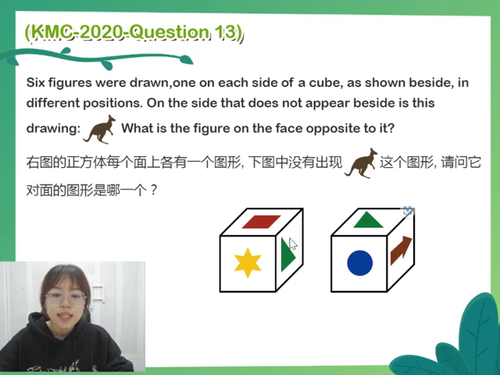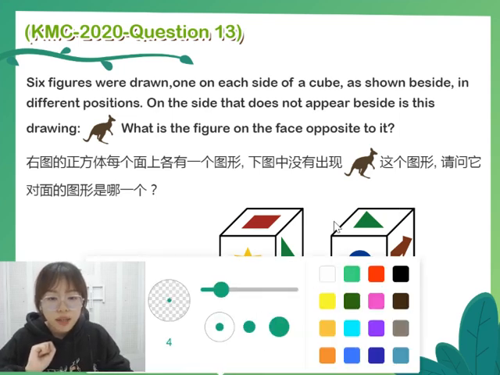Okay, and let's observe. One thing we find in common in these two pictures is that they all have this triangle, and the figures around this triangle are different. What does this mean?